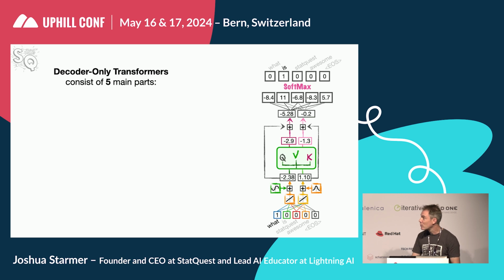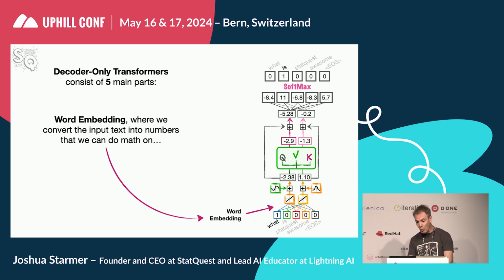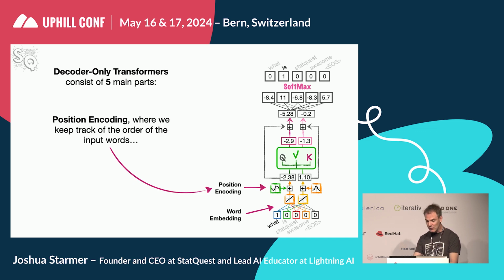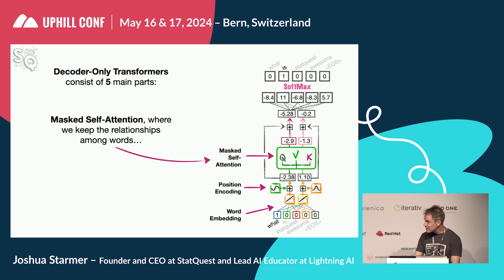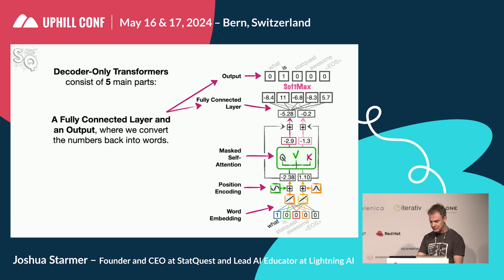Anyway, decoder-only transformers consist of 5 main parts. Word embedding, where we convert the input text into numbers that we can do math on. Position encoding, where we keep track of the order of the input words. Masked self-attention, where we keep track of the relationships among words.